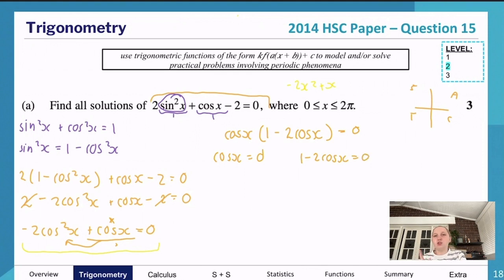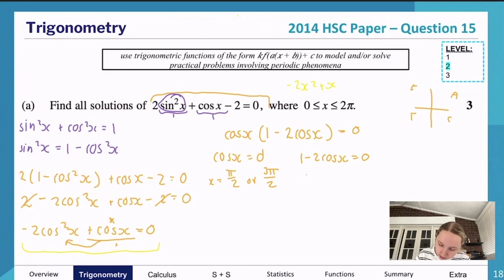Because if we're multiplying these two terms together and they're giving us 0, at least one of our terms has to equal 0. So if we've got cos x equals 0, then we know that our x is going to be pi on 2 or 3 pi on 2. And if we've got 1 minus 2 cos x, we need to do a little bit more manipulation.